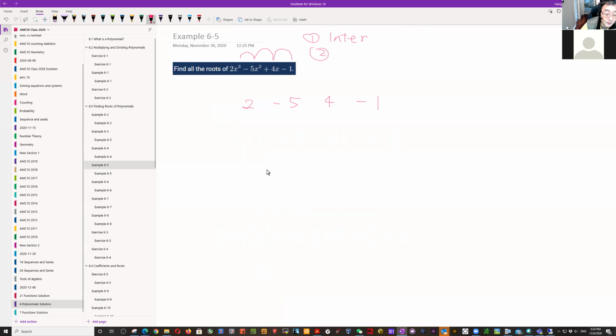The second thing is that there are very few integer solutions. Solutions are in the form p over q, where p is -1. Also we see 3 sign changes, 1, 2, 3, so there are possibly 3 positive solutions. The third is p and q: p is 1, and q is 2.